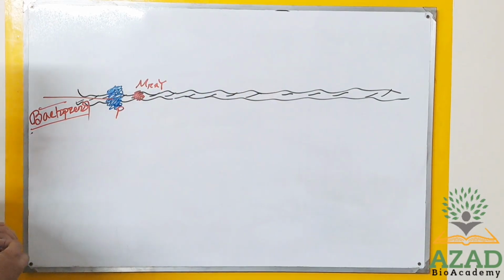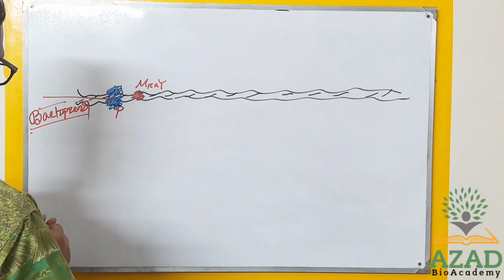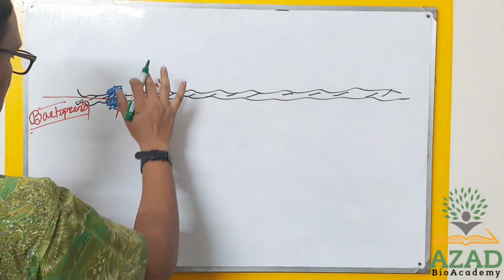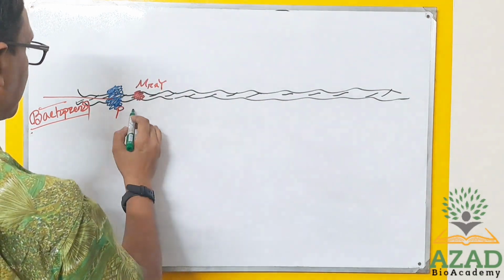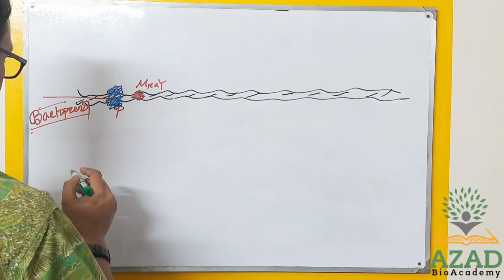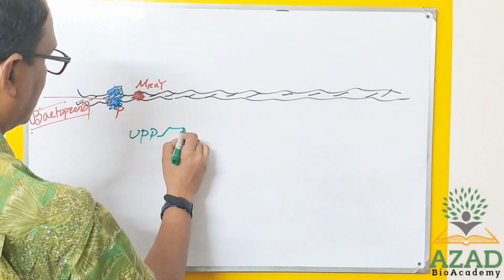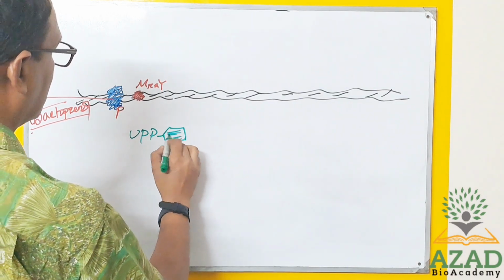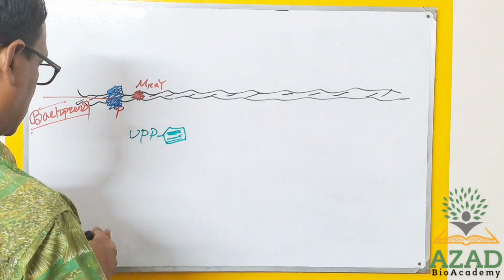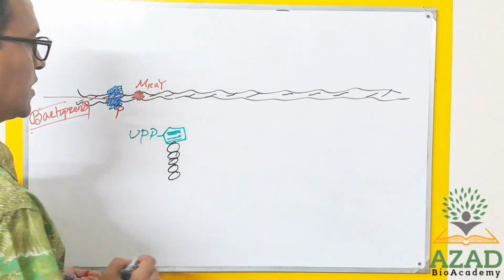So come here. That will add the monomer previously formed, the unit that was UDP, N-acetylmuramic acid carrying pentapeptide.